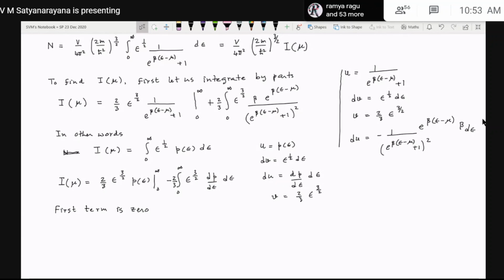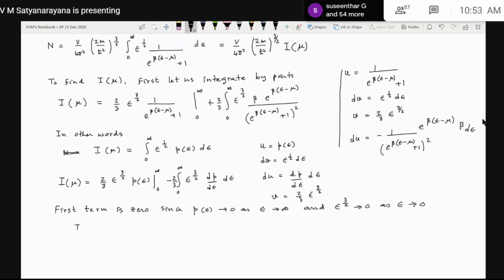Okay, so first term is 0 since P of epsilon goes to 0 as epsilon goes to infinity, and epsilon to the power 3 by 2 goes to 0 as epsilon goes to 0. So the first term does not contribute anything.